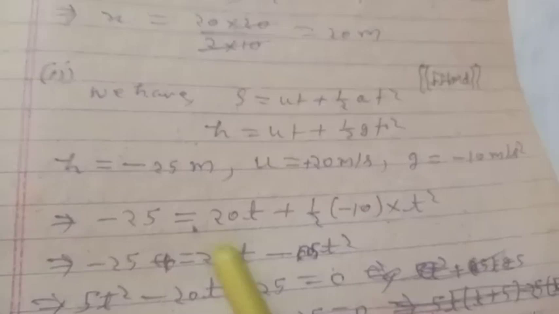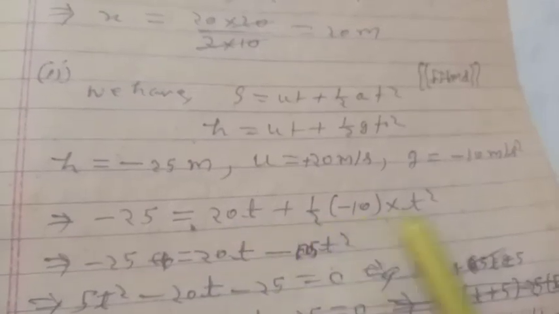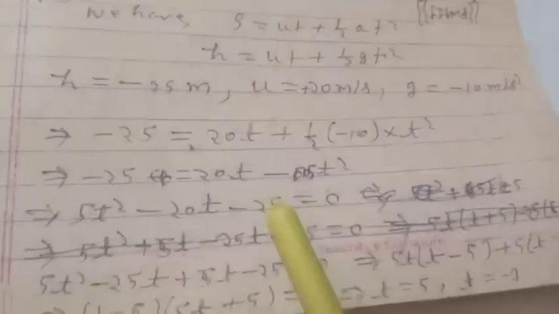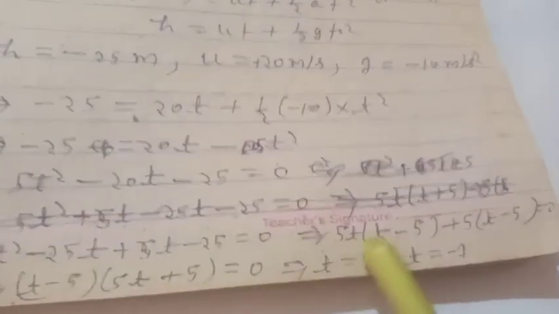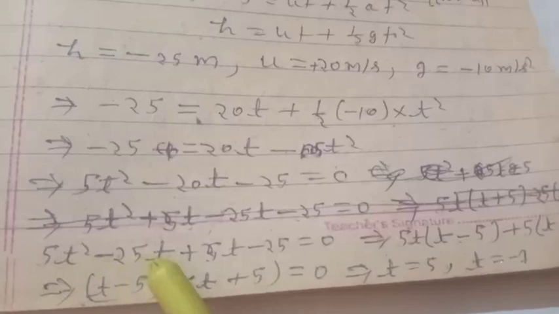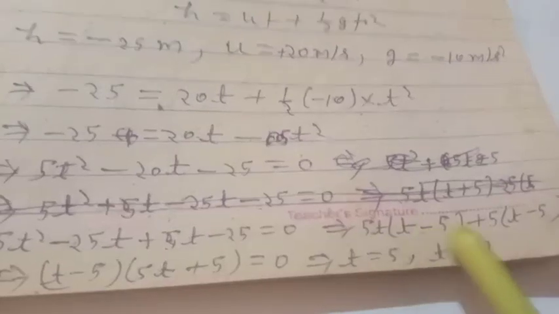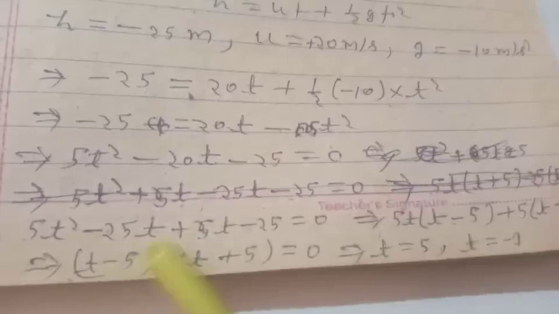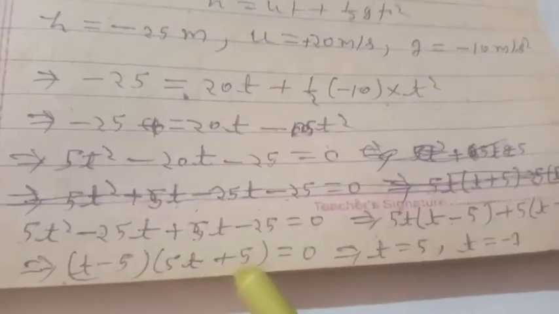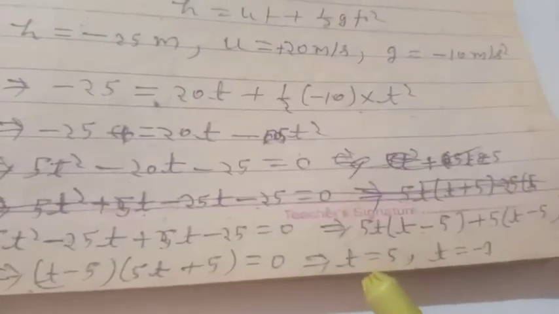Putting in all the values, minus 25 equals 20t plus half into minus 10 into t square, and going this way, finally we have this equation: 5t square minus 20t minus 25 equals 0. Taking 5 common, t square minus 4t minus 5 equals 0, which reduces to this form: t minus 5 into t plus 1 equals 0, which gives t equals 5 and t equals minus 1.